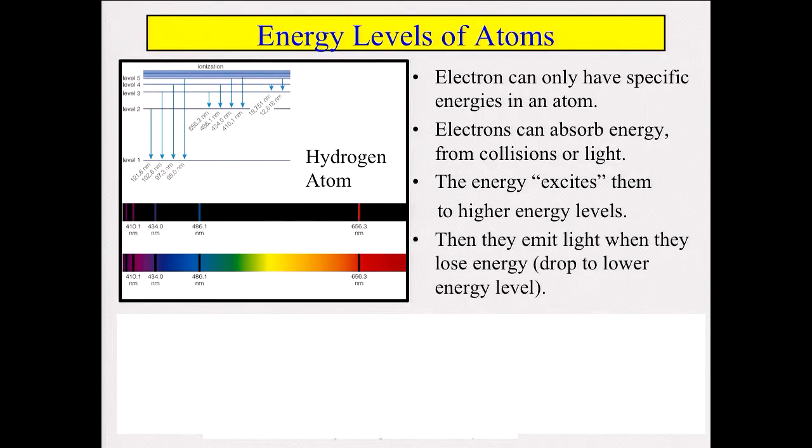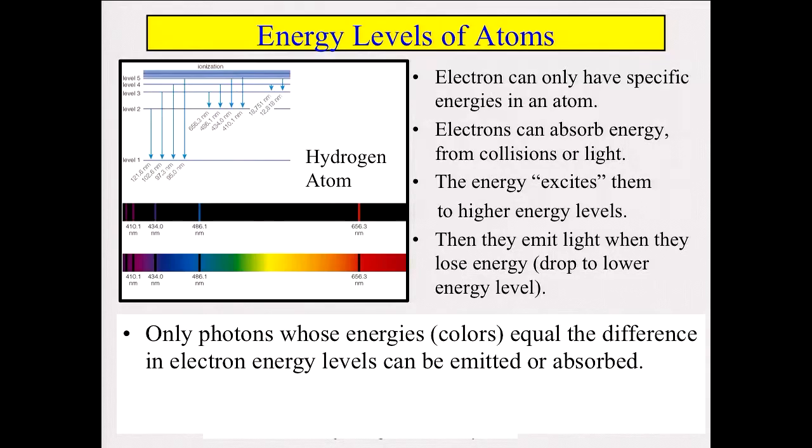And then to conserve energy, when the electron drops down to lower energy levels, that electron in the process spits off a photon that has an energy equal to the difference in the energy levels that it's dropping down to.